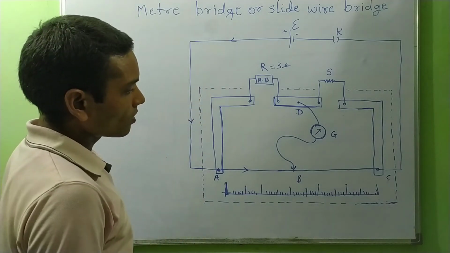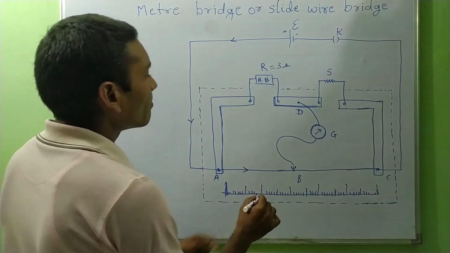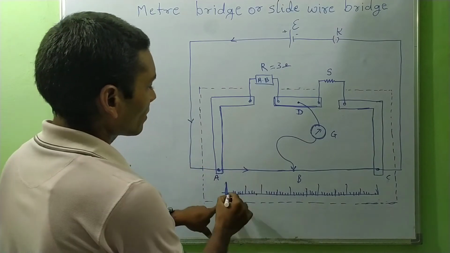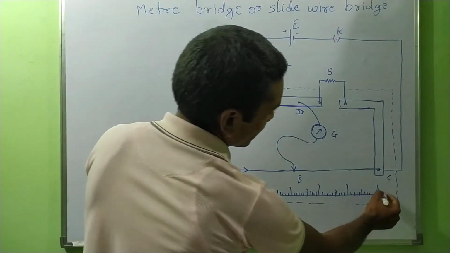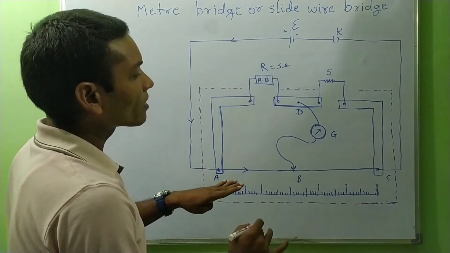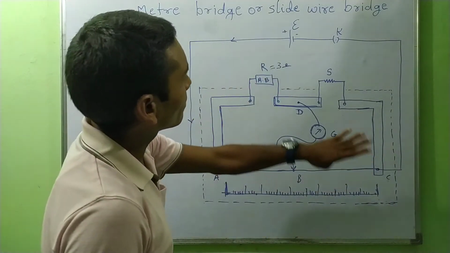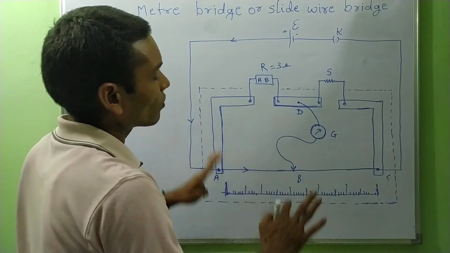To find the balancing point, a scale is made over the wooden plank or wooden board.